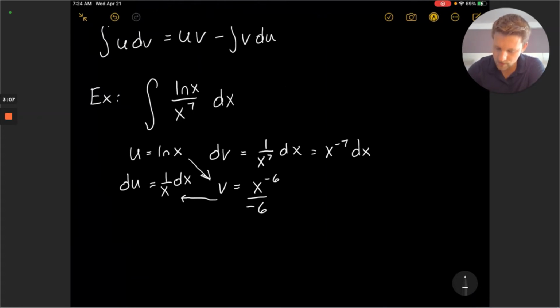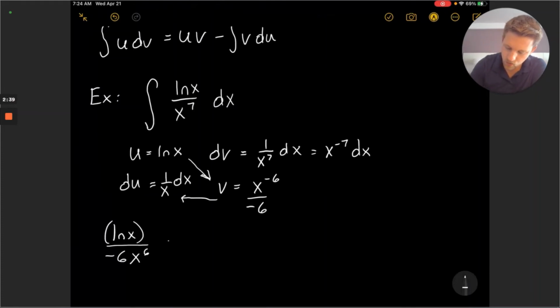So that would be the natural log of x times, we do have a negative 6 in the denominator. And if we look at the x to the negative 6, that's really a power of x to the 6th power in the denominator. So we can write it with a positive exponent like so.